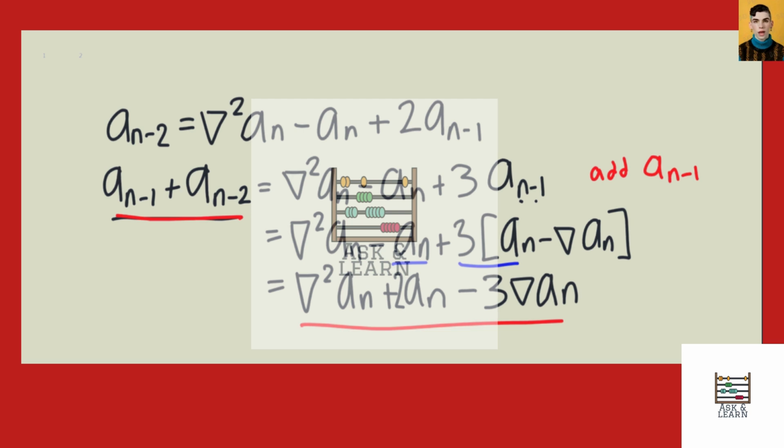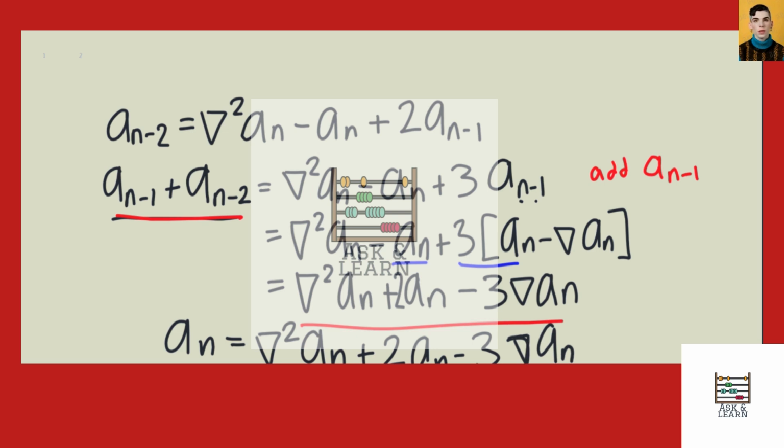So if we just want it to be a little bit more succinct, then we can say that a_n is equal to, since a_n is equal to a sub n minus 1 plus a sub n minus 2, it must be equal to the right-hand side. So it's equal to the second difference of a_n plus 2a_n minus 3 of the first difference of a_n. And that is the solution.